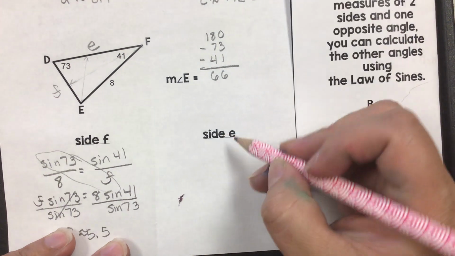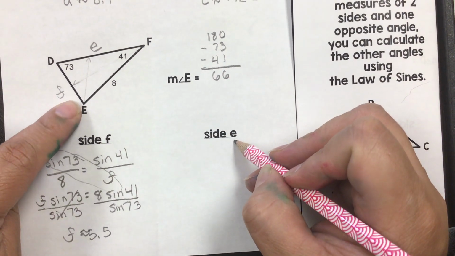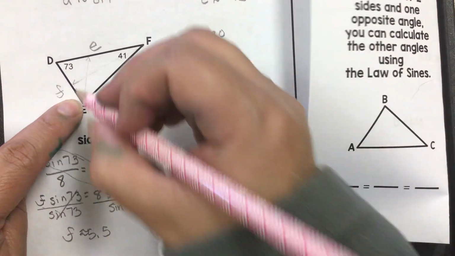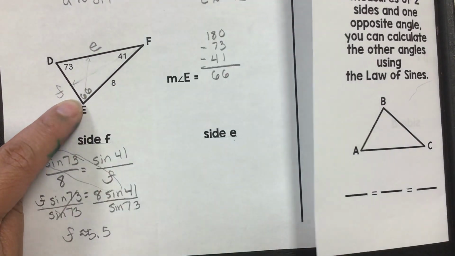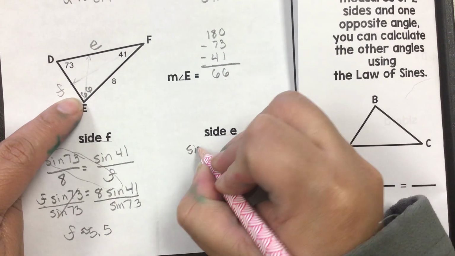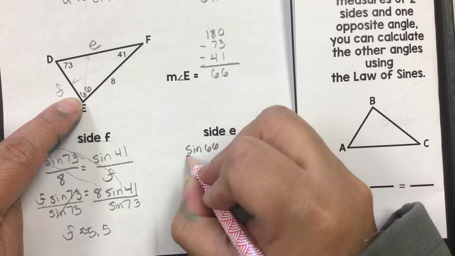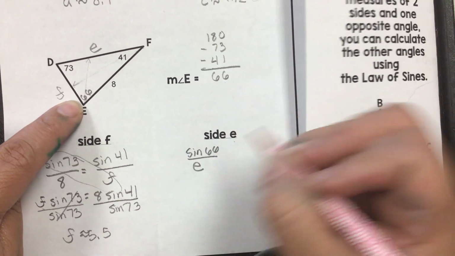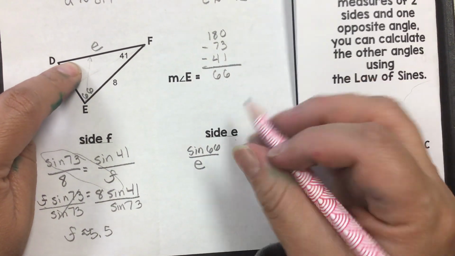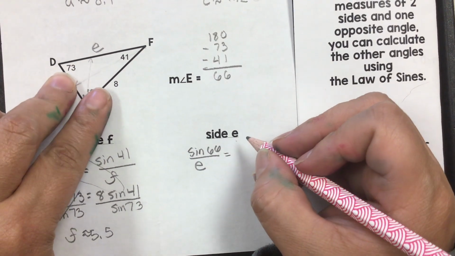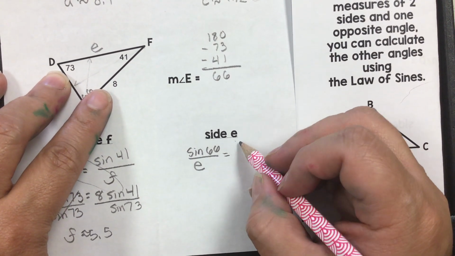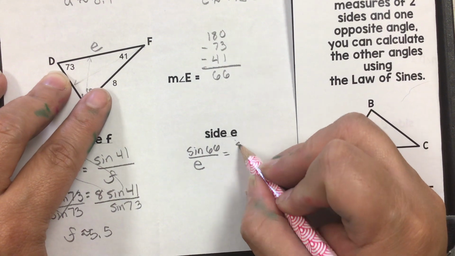Okay, let's try E. We know the angle E is 66 because that's what we solved for first. So we can write sine of 66 corresponds with E, the opposite side. And that's going to be equal to, I'm still going to use D, so you can use the same ratio over and over again.